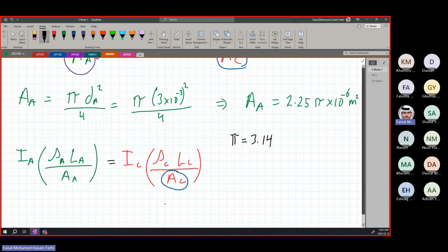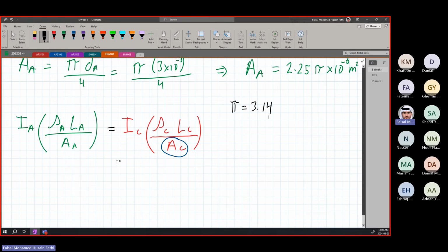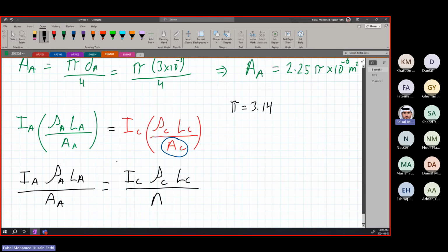So let us solve, no problem. I'm going to solve this while not plugging in any numbers. Again, you could do it in any way you want. I'm just going to make it a bit easier. I'm going to distribute everything: IA rho A LA over AA is equal to IC rho C LC over AC.